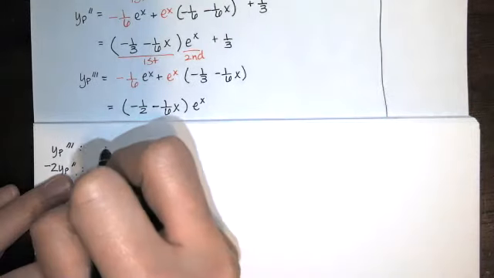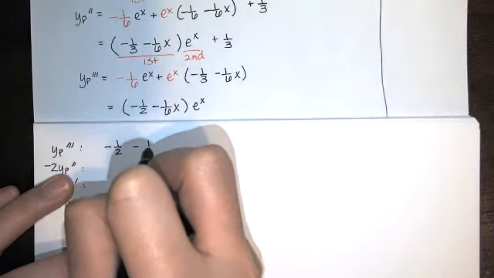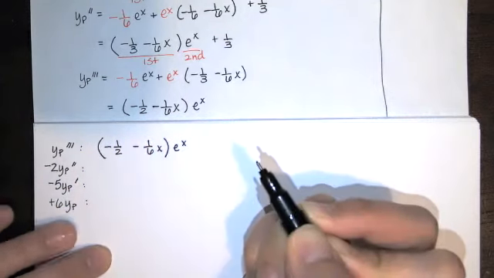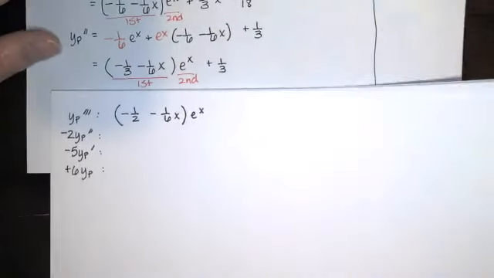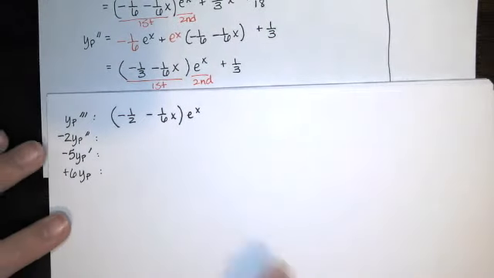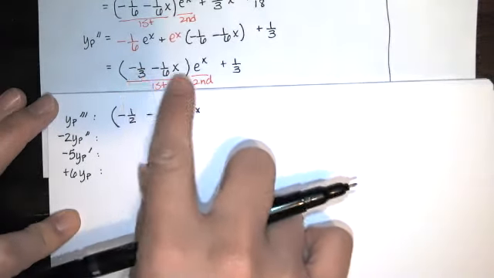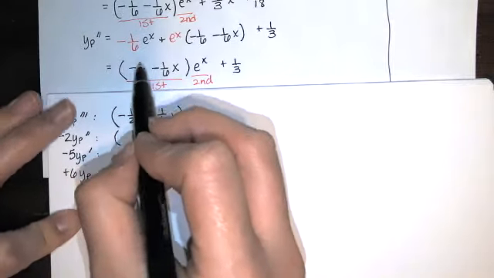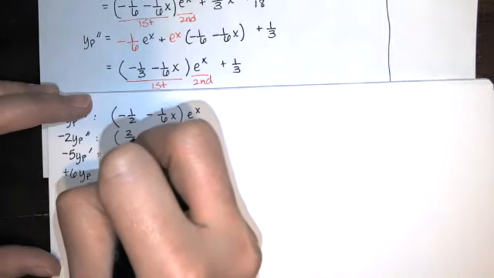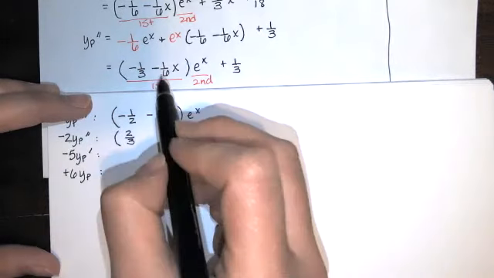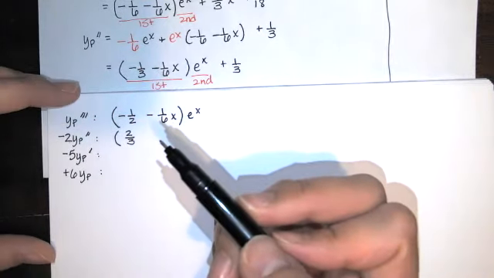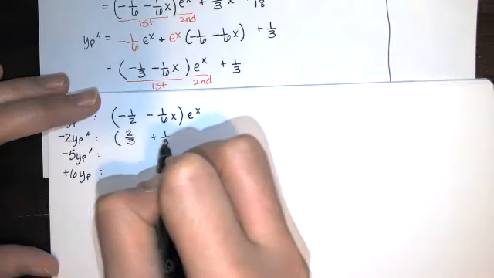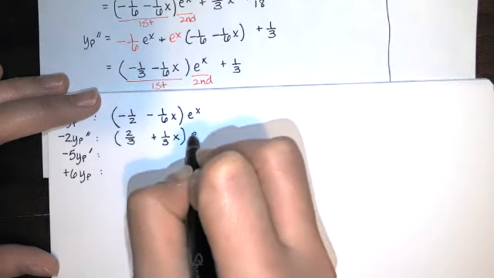So y sub p triple prime is negative 1/2 minus 1/6 x times e to the x. And then we're subtracting 2 times y sub p double prime. So we want to take this and multiply by -2. -2 times -1/3 is positive 2/3. -2 times -1/6 is positive 2/6, which is positive 1/3 times x.